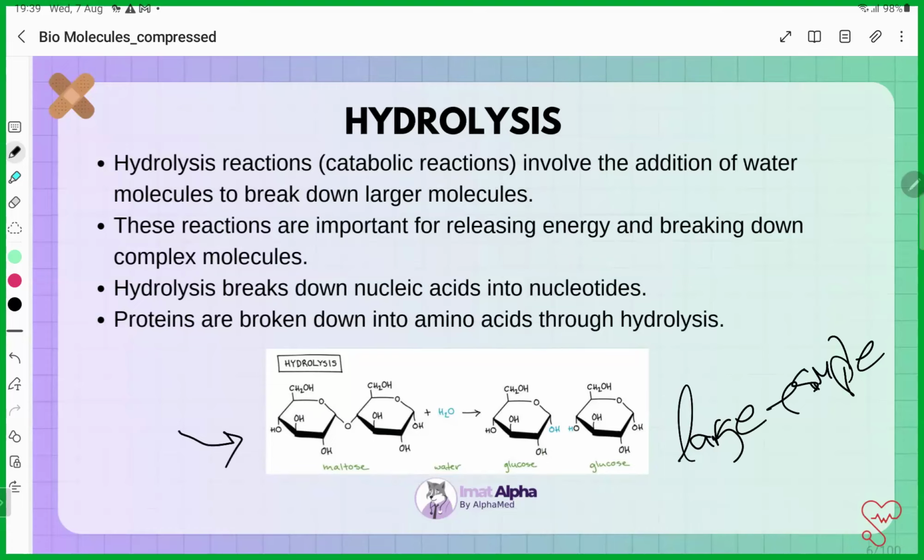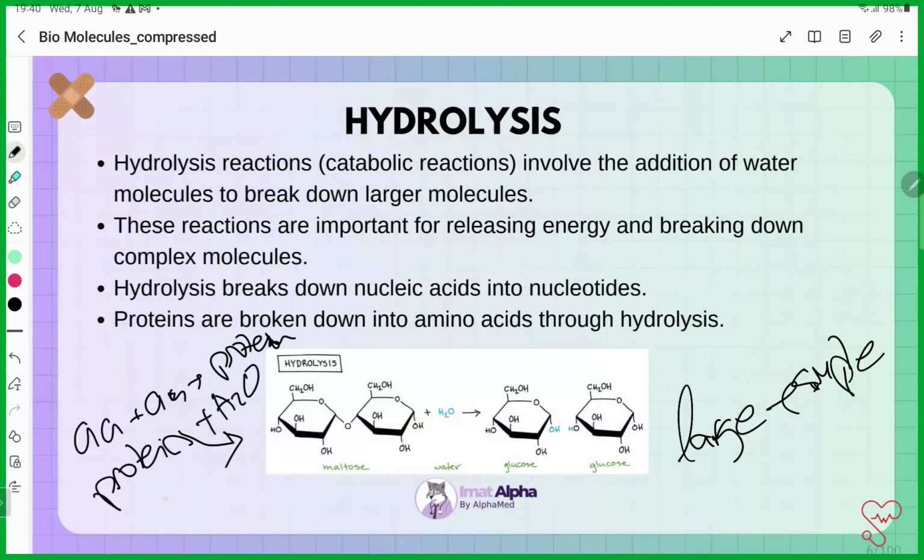Hydrolysis breaks down nucleic acids into nucleotides. Proteins are broken down into amino acids through hydrolysis. As we spoke before, in dehydration, amino acid plus amino acid gives a protein. Hydrolysis: protein plus H2O, which is water, gives amino acid.